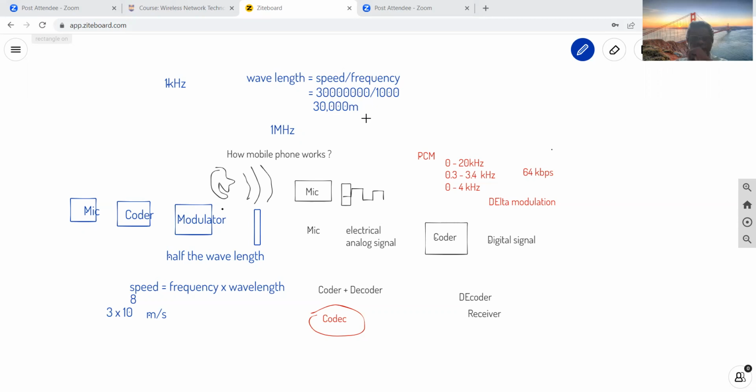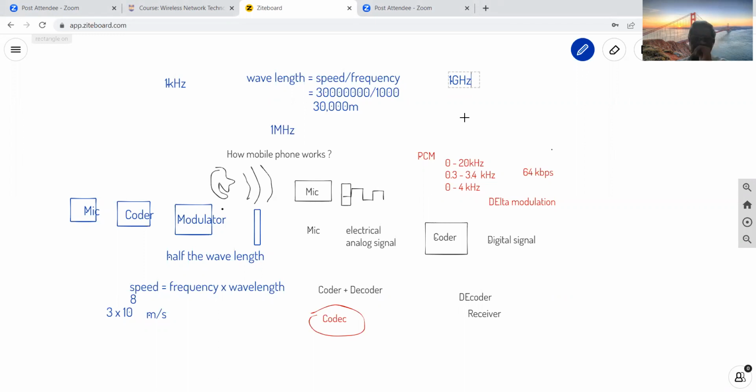So then you calculate if it is 1 gigahertz, that is 1 into 10 to the power 9 hertz.